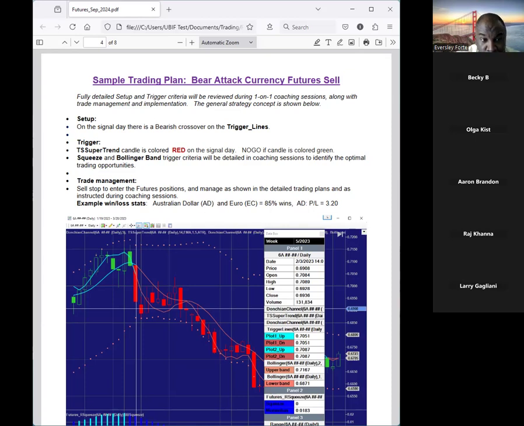We have breakouts too, but we do that on the weekly charts for shares, which you're not doing. You may not be familiar with those. Maybe we'll do one of those presentations one day, but the last time I did a presentation on weekly charts with shares was 2007 or 2008.